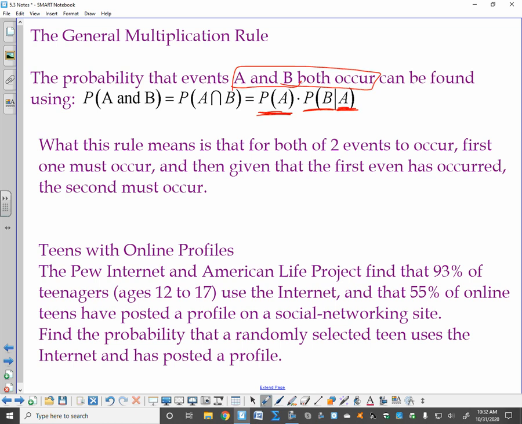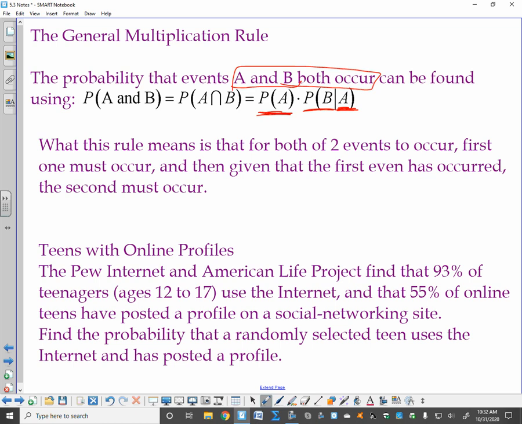So it's not just the probability of the first times the probability of the second, because the second one can happen without the first one happening. So I can get a B, but not be in the College of Engineering, or below a B. So it's the probability of A times the probability of B, given that A has happened.